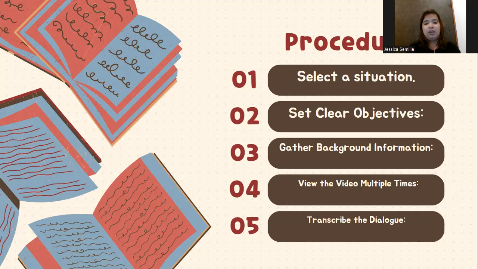Next, of course, you need to gather background information. Based on the situation that you take a video of, you need to look into background information of the people present in the situation, so that it's easy for you to analyze why they are interacting like that, why they are behaving like that, and why they are having that kind of presentation within the communication.